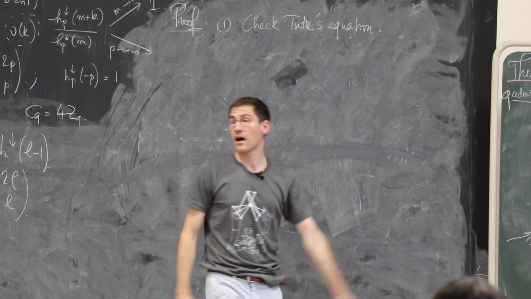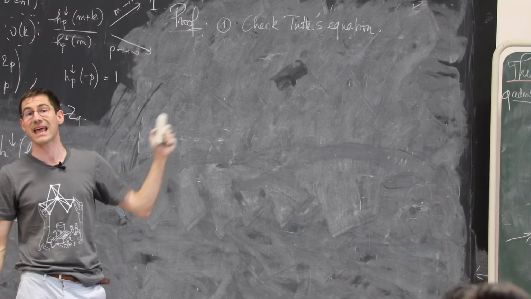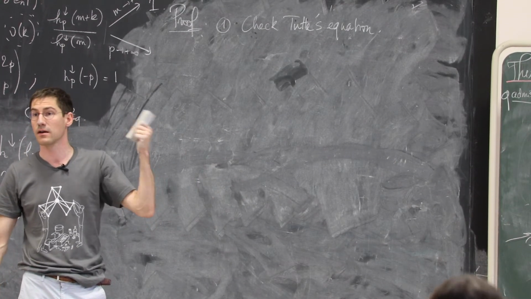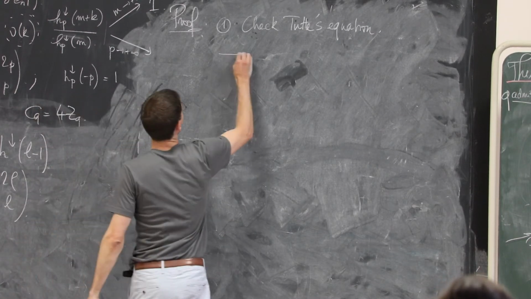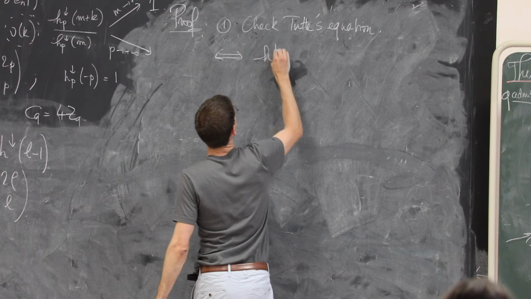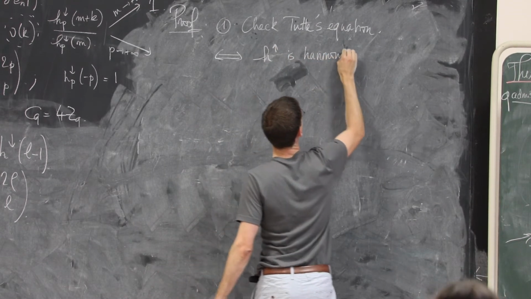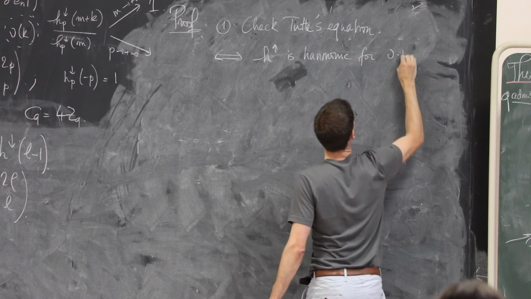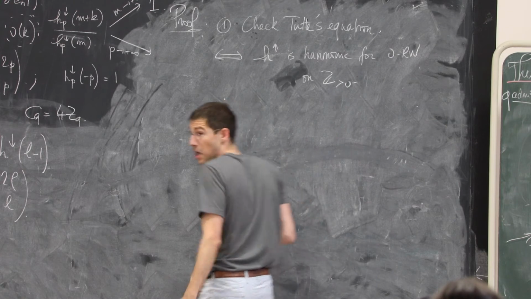The fact that these are transition probabilities is exactly equivalent to the fact that h upper row is harmonic for the new random walk on Z strictly positive.